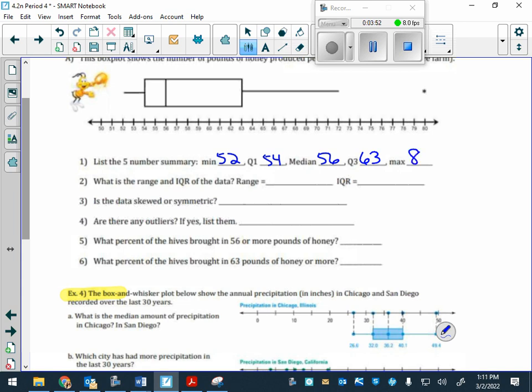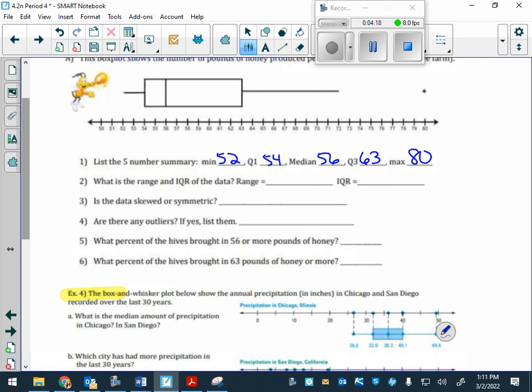It would be 80. Even though it's not included, there is a tool in your calculator. If we did the 5-number summary, this would come up, right? If we were to graph it using our calculator, there is a button we could press that shows those extreme outliers, okay? It's still calculated as the maximum, but might not be on that whisker, okay?